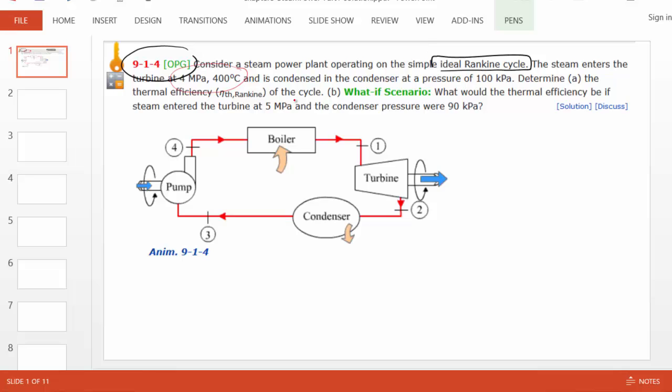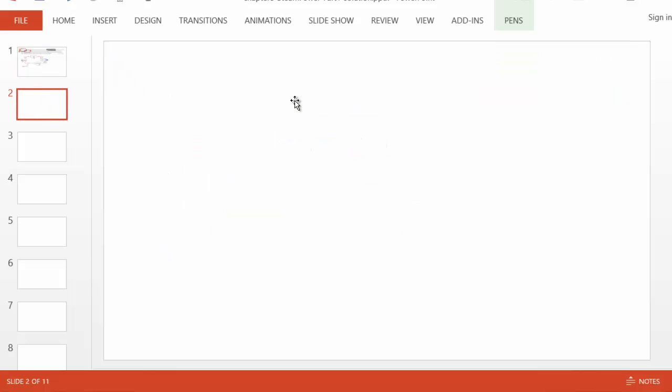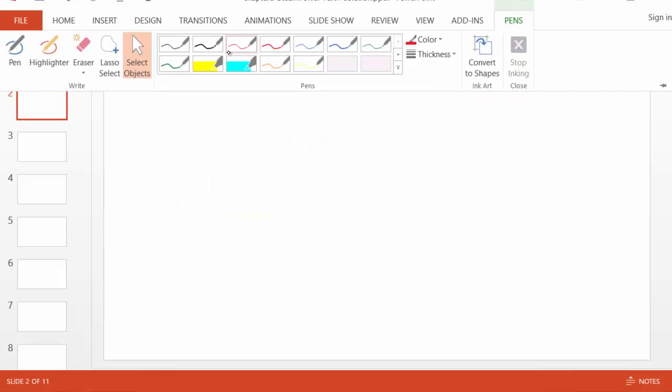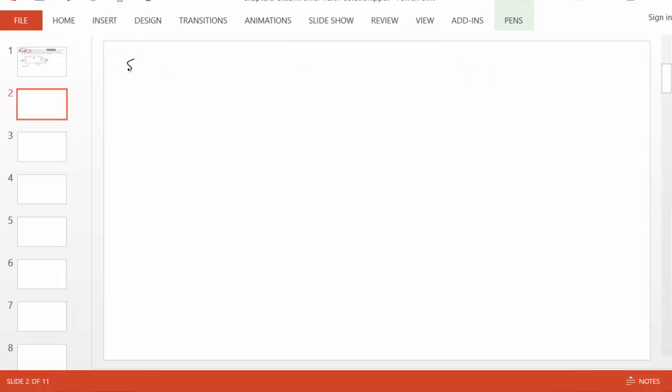Okay, let's go one step at a time. State 1: four MPa is 4000 kPa and 400 degrees Celsius. Our goal would be to find enthalpy and probably entropy.